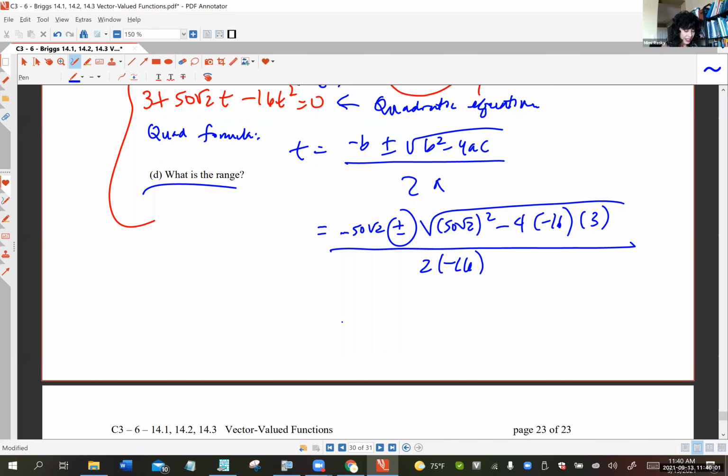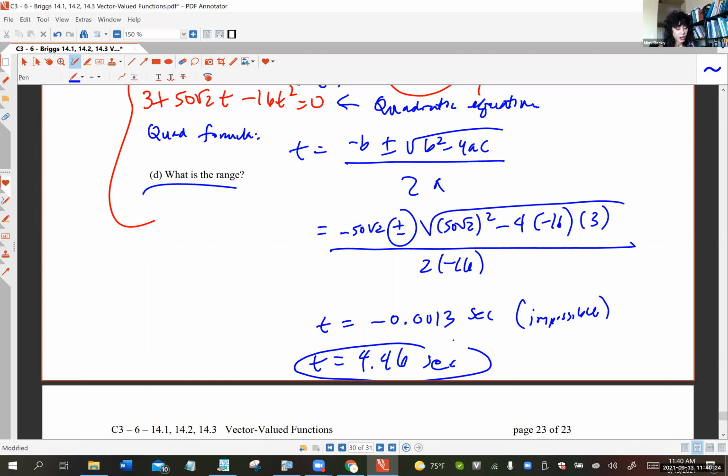One of the solutions is approximately negative 0.0013 seconds, which is impossible unless you can go backwards in time, so we're going to discard that solution. The other solution is approximately 4.46 seconds, and that's the one we're going to go for. So there's your answer for part C. It takes about 4.46 seconds to hit the ground.